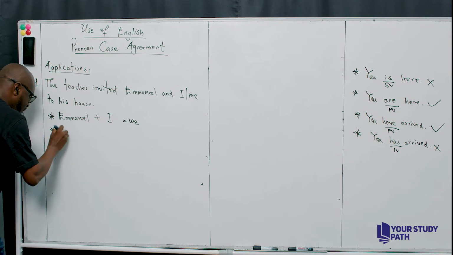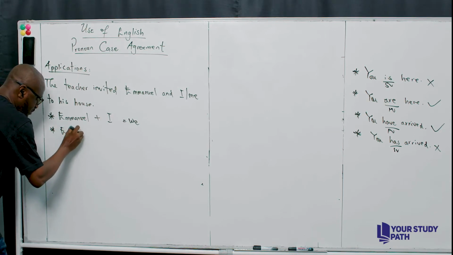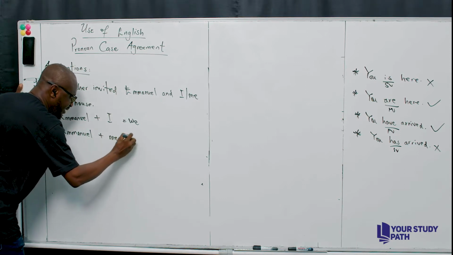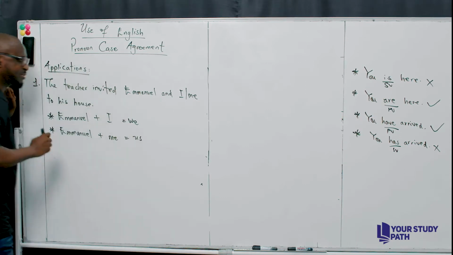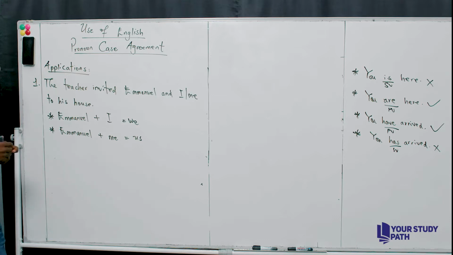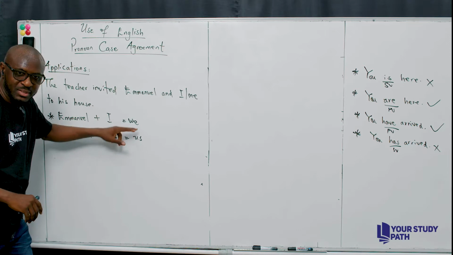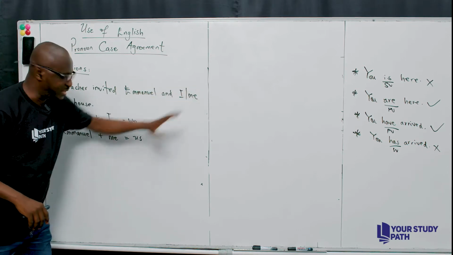The next one, Emmanuel plus me, it gives us us. Now, substitute "Emmanuel and I" for "we." Substitute "Emmanuel and me" for "us."